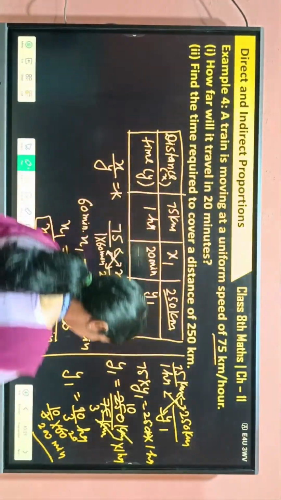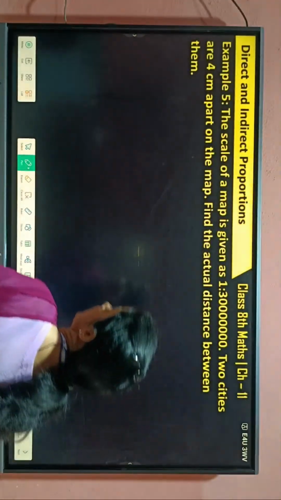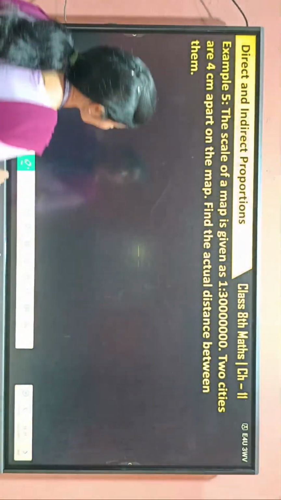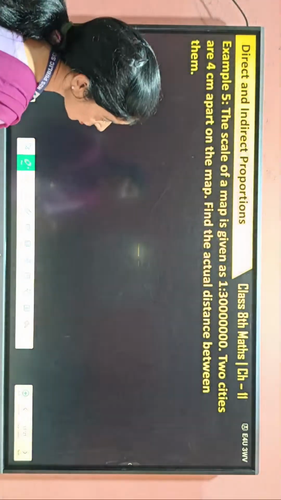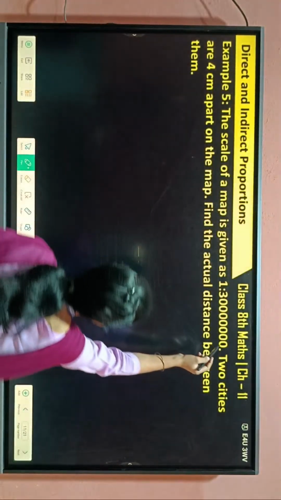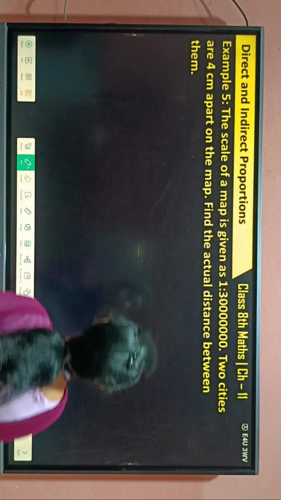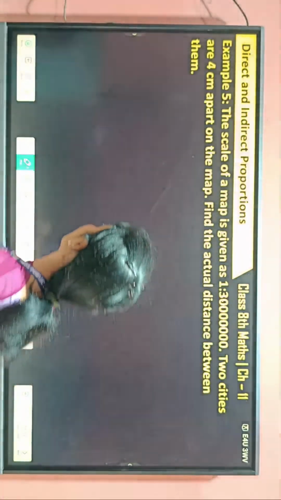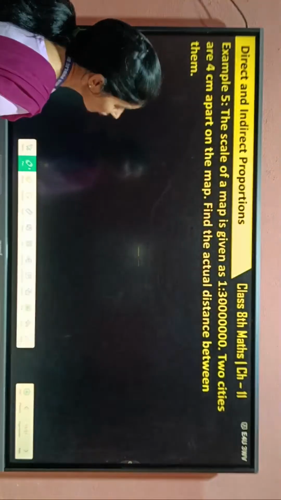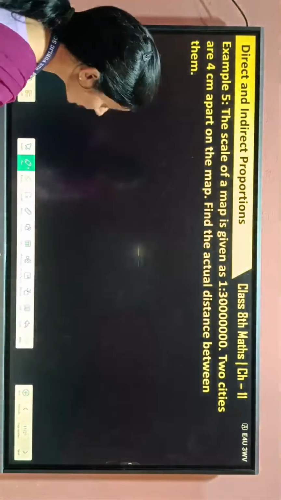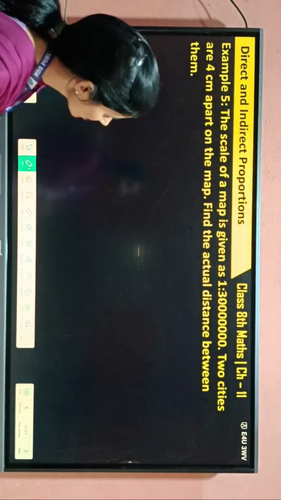Next question. Next example, example number 5. The scale of a map is given as 1 ratio 3 crore, that is 3 into 10 raised to power 7. Two cities are 4 centimeter apart on the map. Find the actual distance between them. We need to find out this distance.